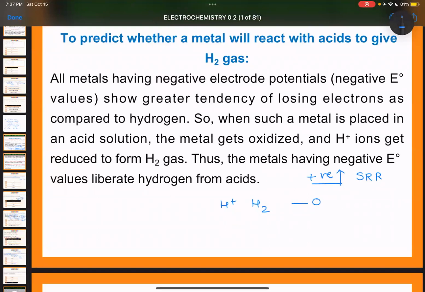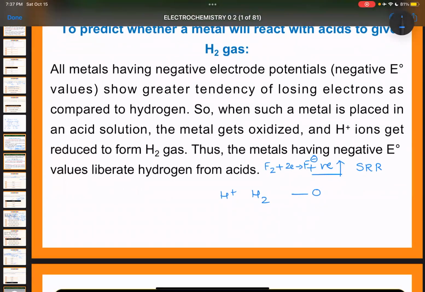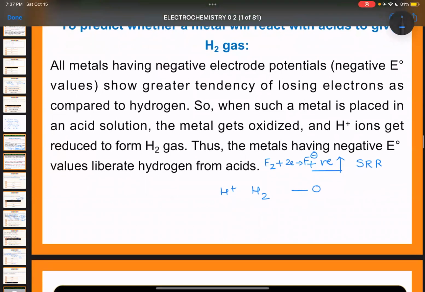So definitely, F2 is going to have the highest positive value, that is the strongest oxidizer. And you can't expect these elements to give their electrons because they have more tendency to accept electrons.